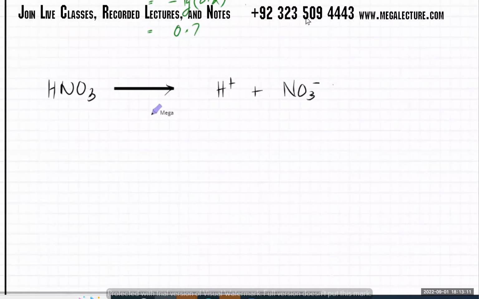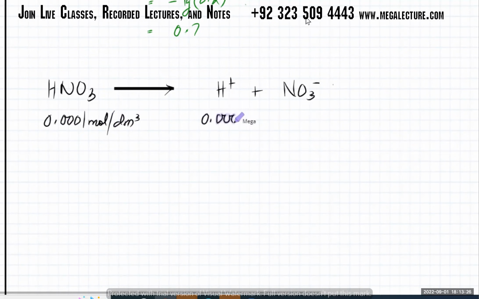Let's say I've got 0.001 mole per dm cube nitric acid. So it's a strong acid, it will fully ionize. So the quantity of H plus 1 will also be exactly the same, 0.001 mole per dm cube. pH निकालना है.